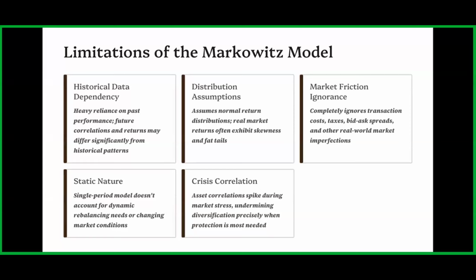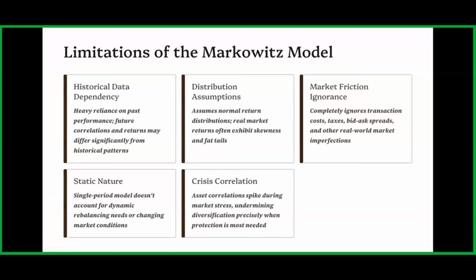Next one is market friction ignorance. It completely ignores transaction costs, taxes, bid-ask spread, and other real world market imperfections. That model theory completely ignores the tax costs and different costs. It only correlates the risk and return.